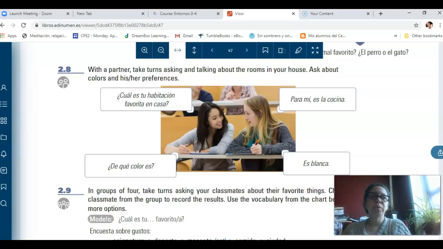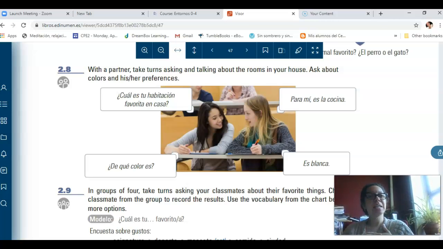What is your favorite song, for example, ¿verdad? What is your favorite music? What is your favorite classroom? Sorry, don't mind me. Anyway, and then how to answer.